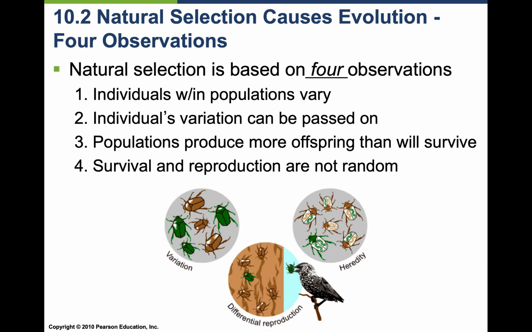We know that even for human populations. And number 4, survival and reproduction are not random, meaning that both survival and reproduction are not just absolutely random; there is choice involved at some level here. Okay?